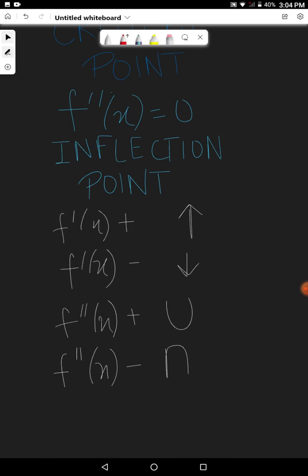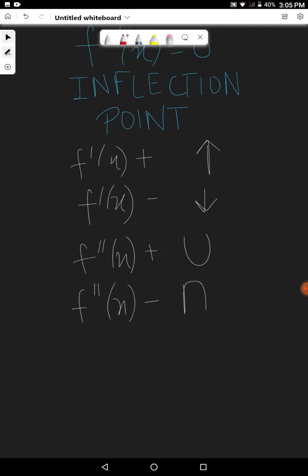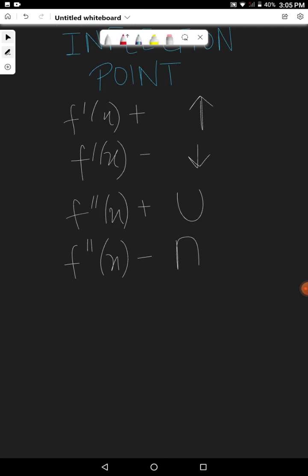Second, if f dash x comes out to be positive, the curve is increasing. When f dash x comes out to be negative, the curve is decreasing. And if f double dash x is positive, the curve will be concave upward. And if f double dash x is negative, then the curve will be downward. So this is the concept of concave up and concave down.